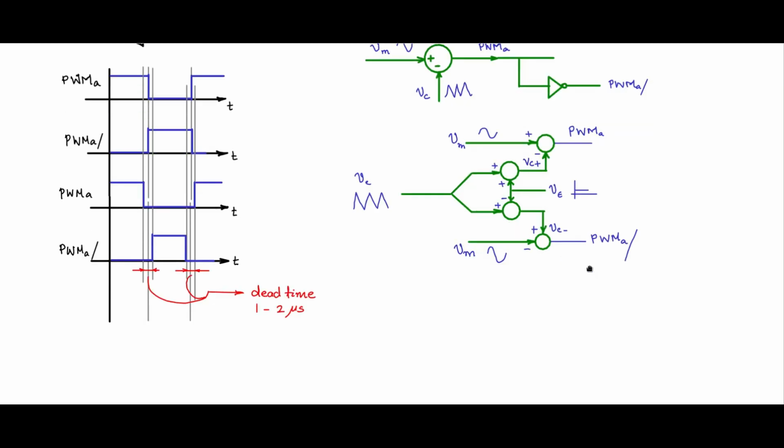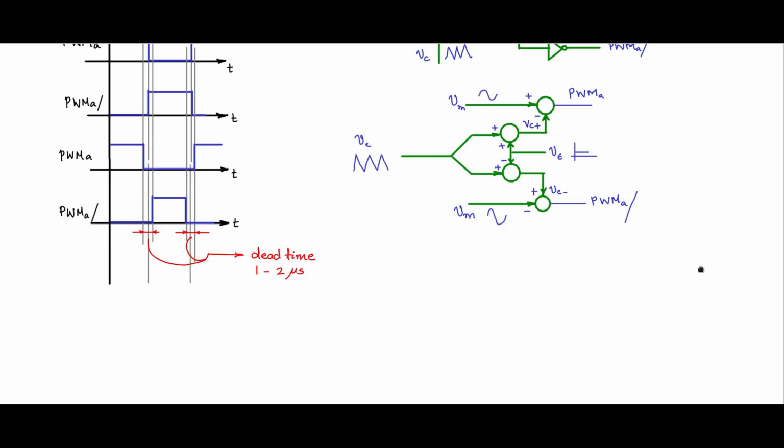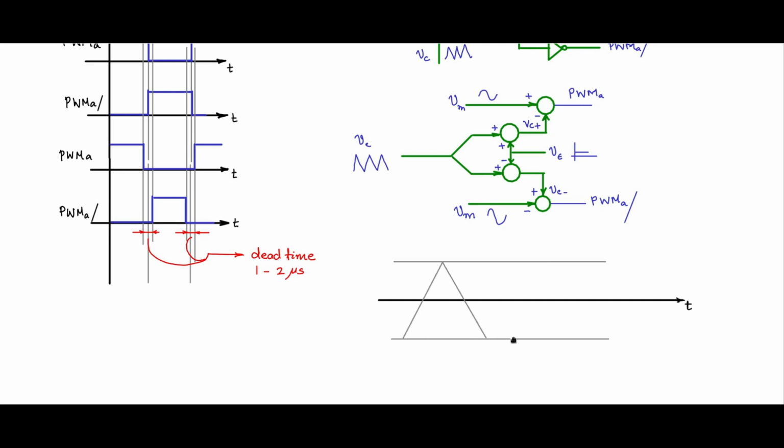Let us have a look at the waveshapes to understand this a bit. Let me have, between these two limits, what is supposed to be the actual carrier. But this is not the carrier that we will use. We will add a small epsilon to this carrier and get VC plus and VC minus. When you add a small epsilon, VC plus will look like this.